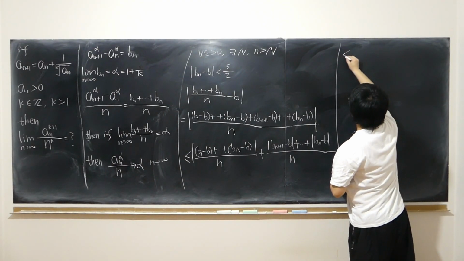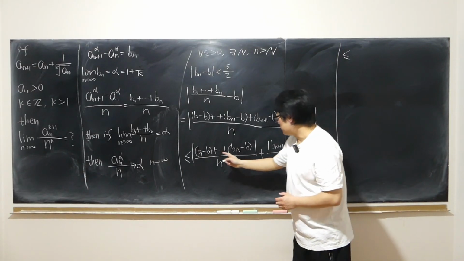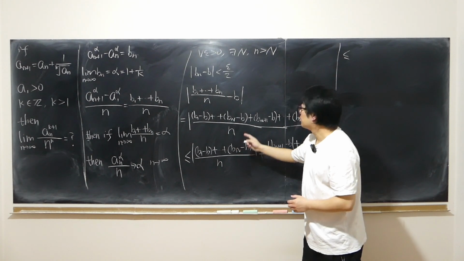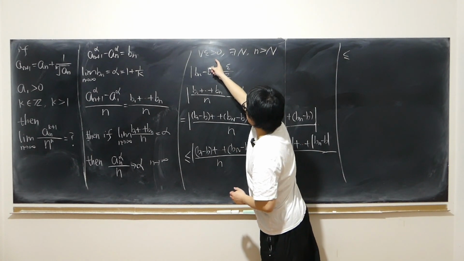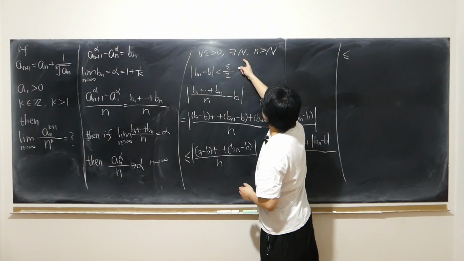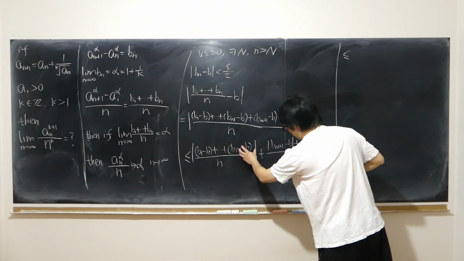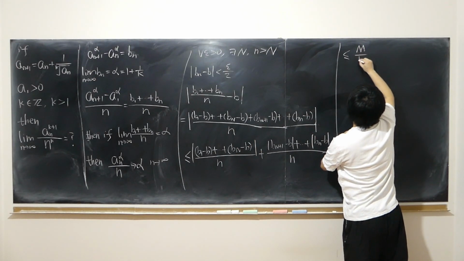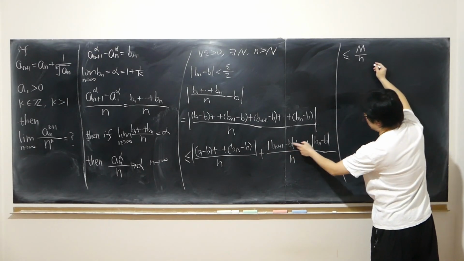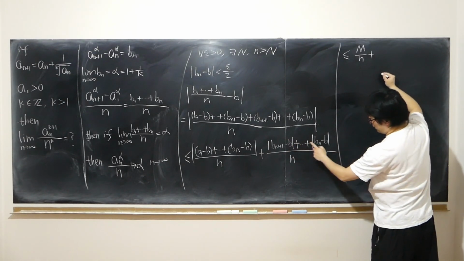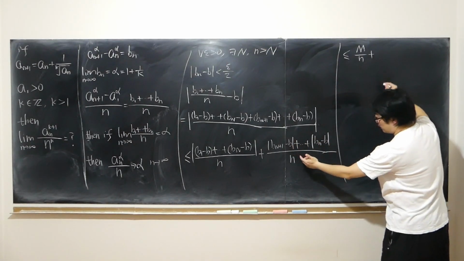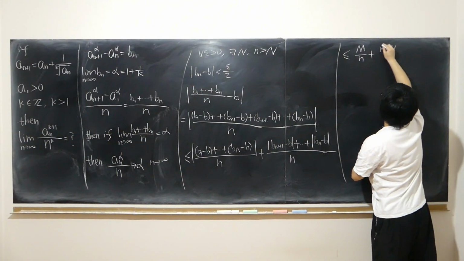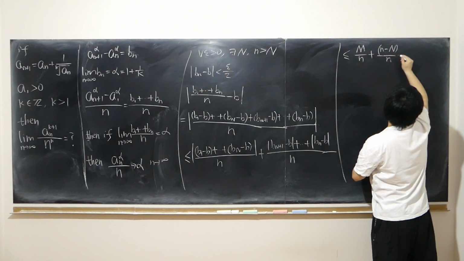Of course, less than or equal to, because the top here is a positive constant, because once epsilon is given, it's fixed, or you found this capital N that is fixed, so the top has to be fixed positive, denoted as capital M over n. Then the plus here: each absolute value is less than half epsilon, so you have n minus capital N many of them, over n times half epsilon.